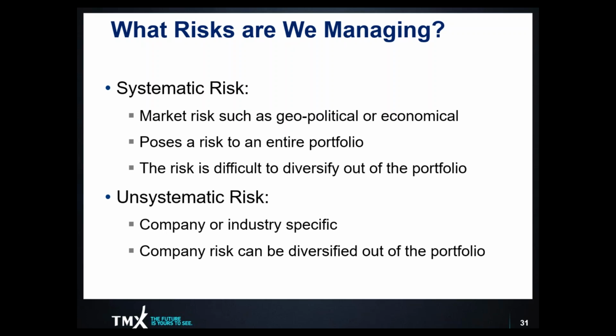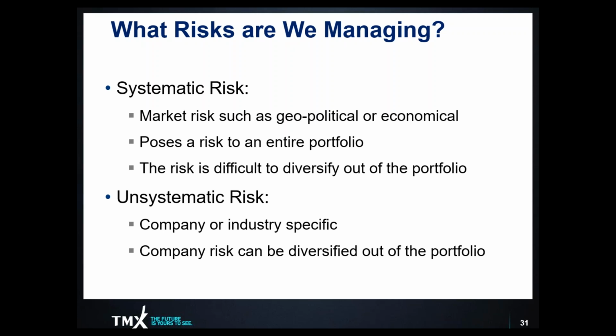Now, unsystematic risk is company or industry specific. So that is a little bit easier to diversify out of a portfolio, and that's where you'll use an individual stock option associated with the company that you're concerned about, and build a hedge just specifically around that particular company. Or you could look at a sector-based exchange-traded fund to hedge out risk associated with a particular sector, such as the gold miners, if you're looking to hedge out just a particular component of your portfolio.